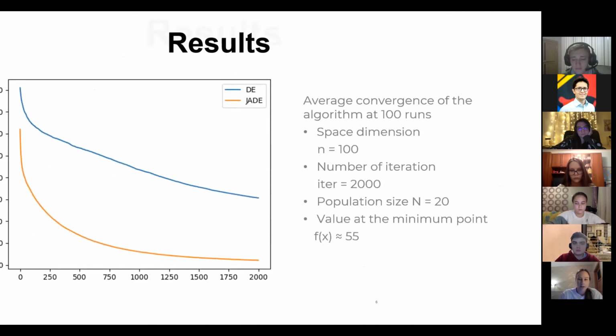On this slide you can see the results after 100 executions. The space dimension was equal to 100, the number of iterations 2000, and the population size was 20. So that's all. Thank you for your attention.